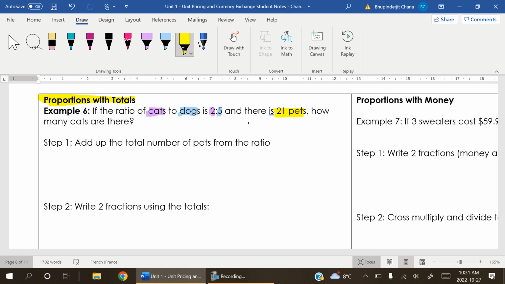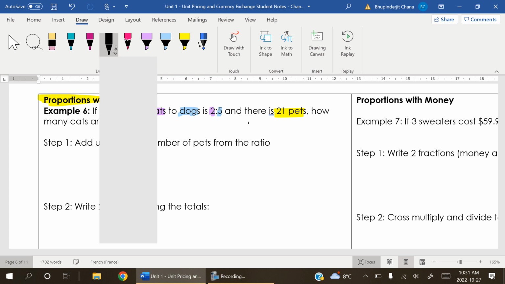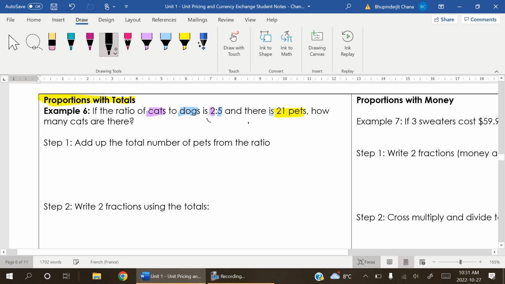How many cats are there? So we're going to add this up. We want to total this up. So total, there are 7 pets.